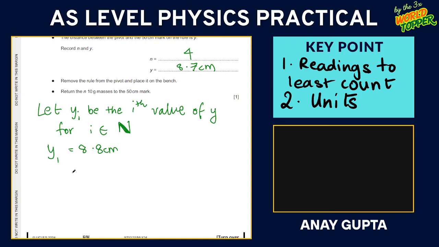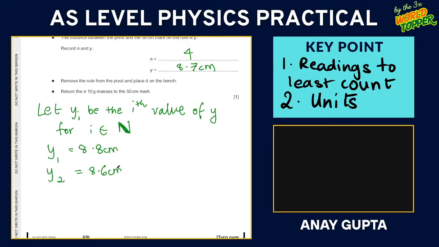Then I just moved the pivot away and tried to balance the ruler again. So then I found the value of y2 to be 8.6 centimeters. Now, these small discrepancies could be for various reasons. For example, the wind, or how the air conditioning is working in the classroom, or you were putting different amounts of force when you were supporting the ruler with your hand, and when you let that go, how that affected the ruler is also a consideration.